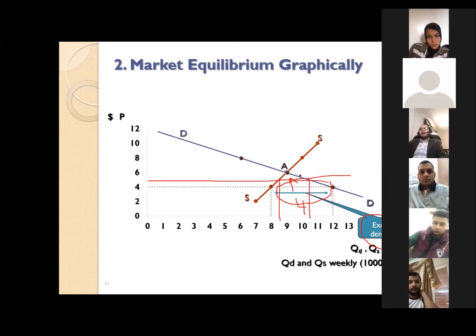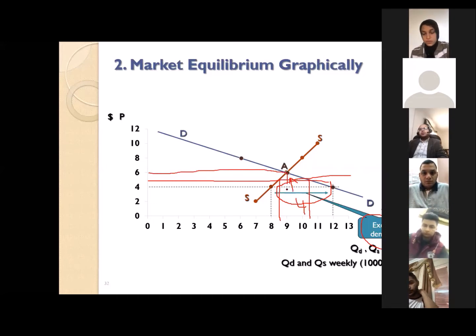But again, we have a shortage. So again, until we reach this amount, in this case the quantity supplied equals the quantity demanded. So there is no shortage in this case, but this is at a higher price. So any excess demand or any shortage pushes price up.